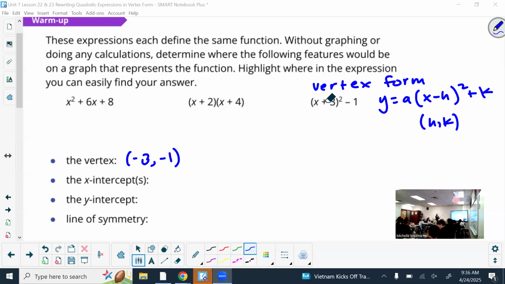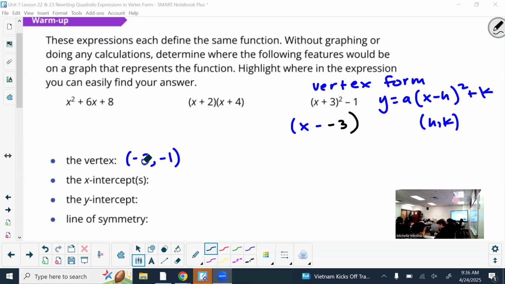Because if it became a positive 3 here, that means what they plugged in was -3. What happens with that double negative? So it always looks the opposite. And then the K, the y of your vertex, always looks the same. And it's always not in the parentheses being squared. It's always separate. So there's that. Questions on that?